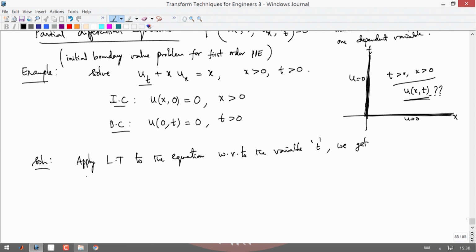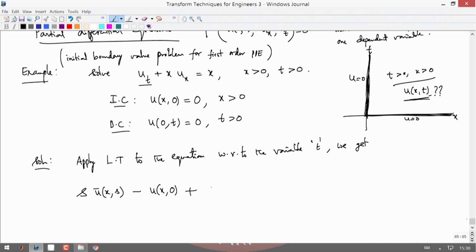So, ∂u/∂t is like du/dt. What is the Laplace transform of that? That is simply s times ū of x, s; the t variable is becoming the s variable. So, I write like this, minus u at x, t equal to 0, and that is 0 by this initial condition.